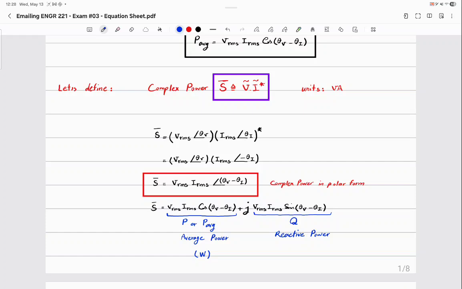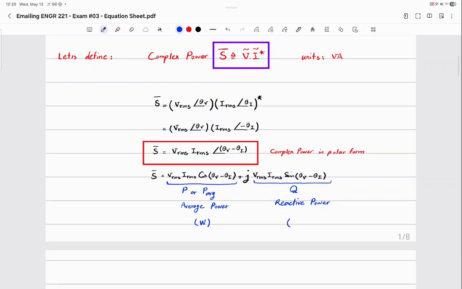Now, what is the units of that? The units is called VAR. Okay, what is? Video assistant referee, huh? It's volt amps reactive.